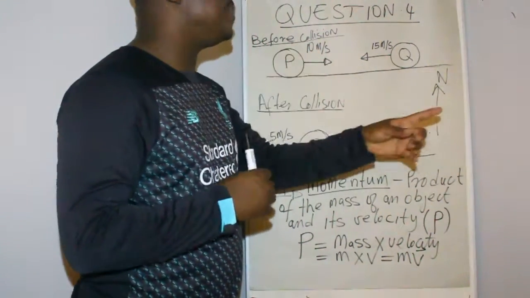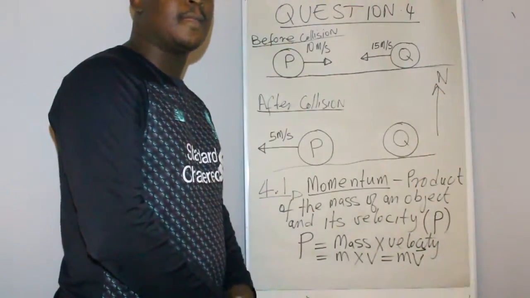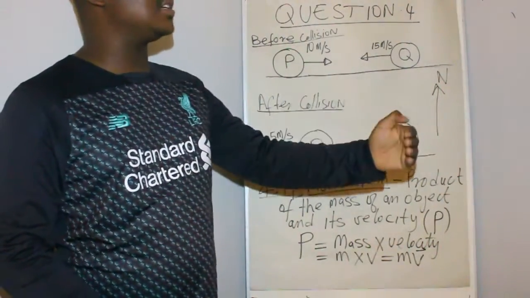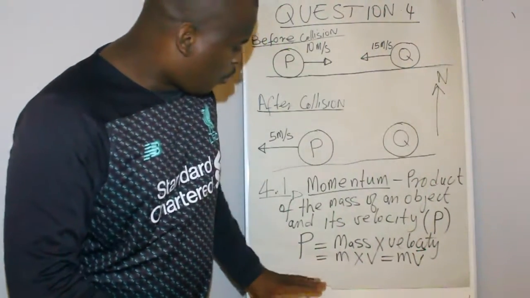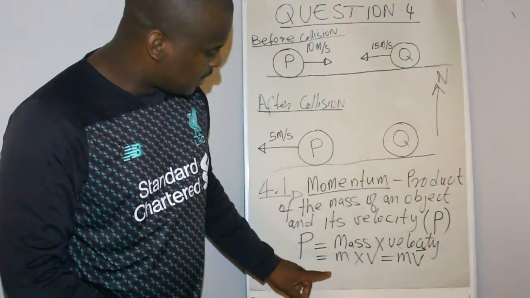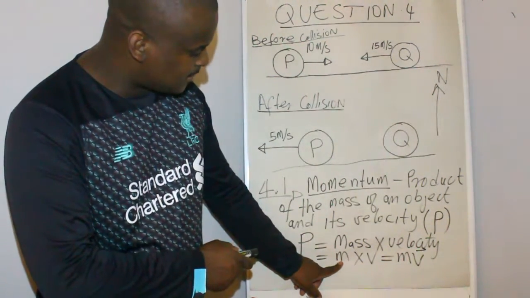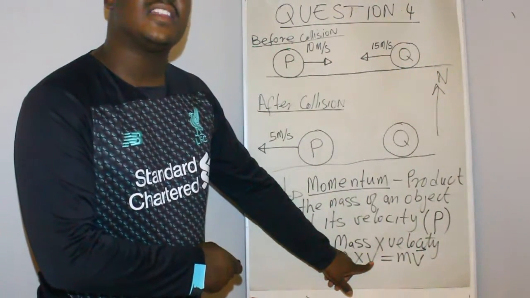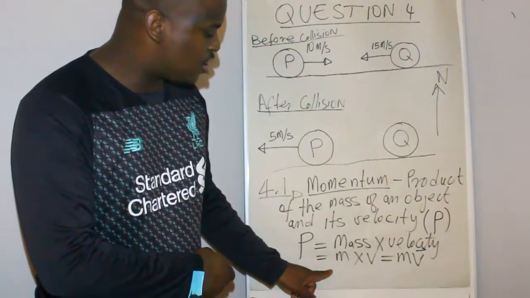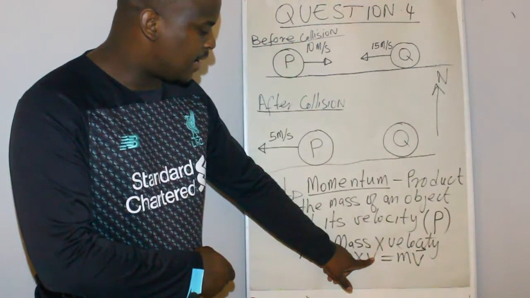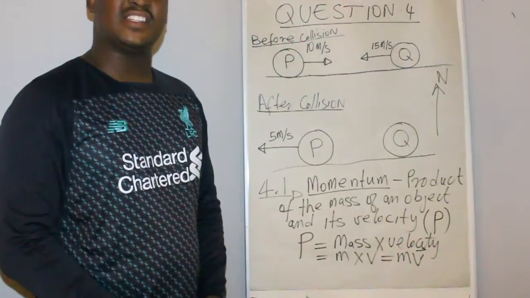This direction will be the direction in which the ball is going, which is the same direction as the velocity. So if you know the direction of your velocity, then you know the direction of the momentum. The two quantities we multiply here are the mass, a scalar which only has magnitude, and the velocity, which has magnitude and direction. So the overall answer, the momentum, will have the direction of the velocity because it is the determining quantity in this case.